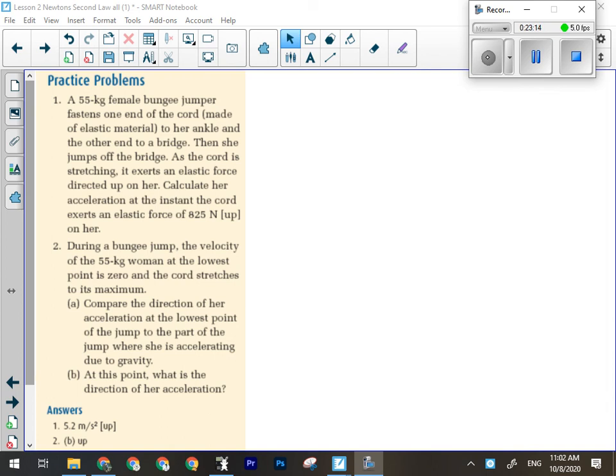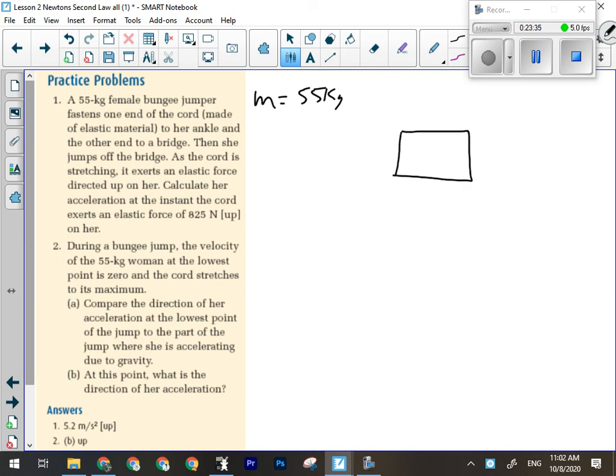Otherwise, it's flat. Calculate her acceleration the instant the cord exerts an elastic force of 825 newtons up on her. We know her mass, 55 kilograms. We know the force of the bungee cord. So I'm going to just draw a free body diagram. 55 kilograms.